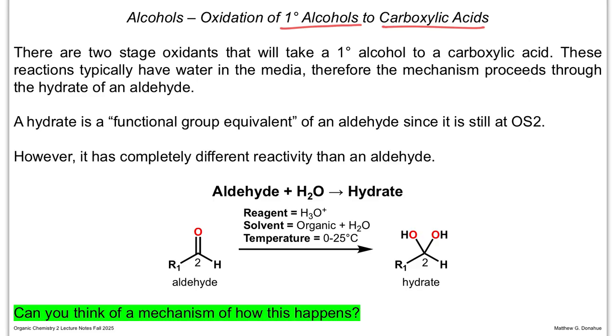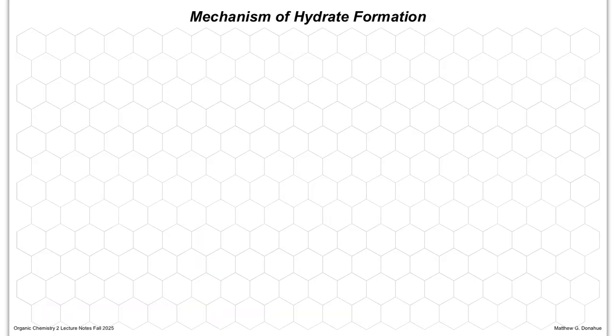But the take-home message here is if that is staying the same, these things now have different reactivity properties. So how do we form that? And we'll look first here at acidic conditions.